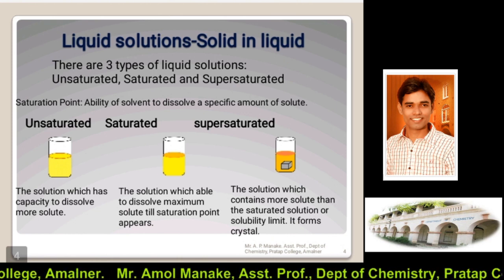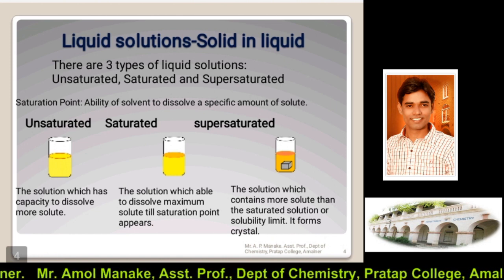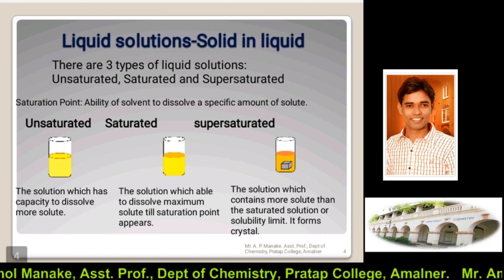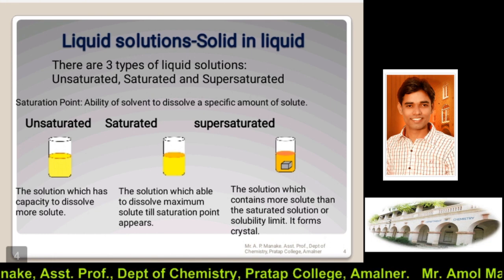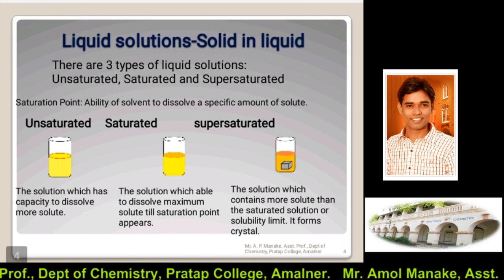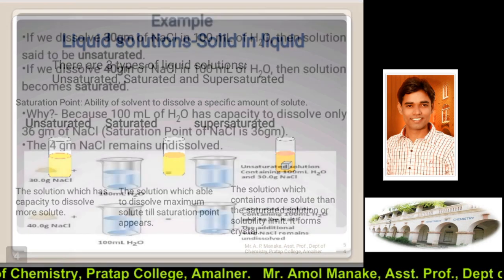And what is the supersaturated solution? The solution which contains more solute than the saturated solution is called a supersaturated solution. Hope you understand. But we will see with an example, then you can understand better.